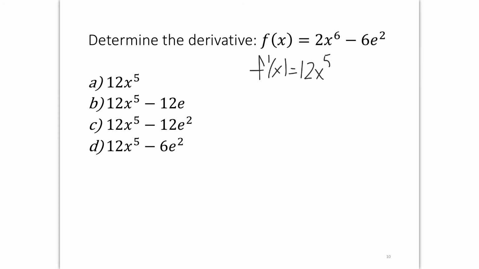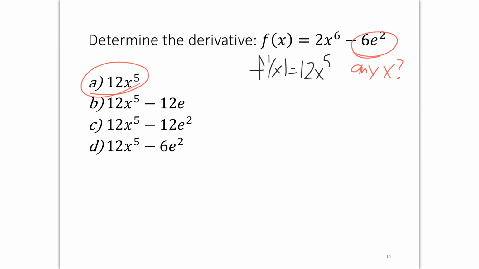Now 6e to the 2, again, you want to notice here, is there any x? It doesn't look like it. And if there's no x, then the derivative is just 0. So the correct answer is A, 12x to the 5, because there's no x value.